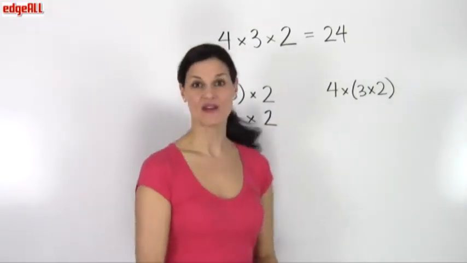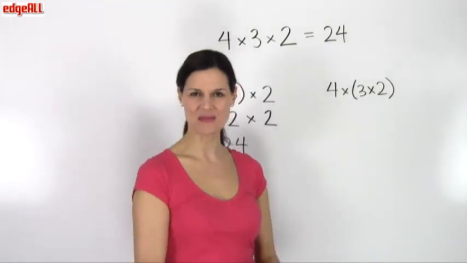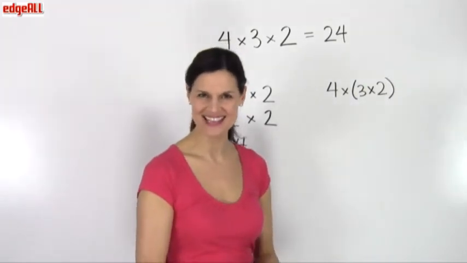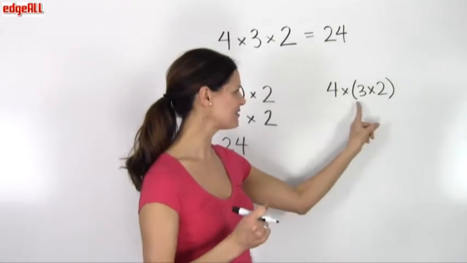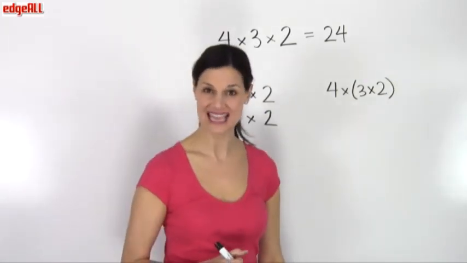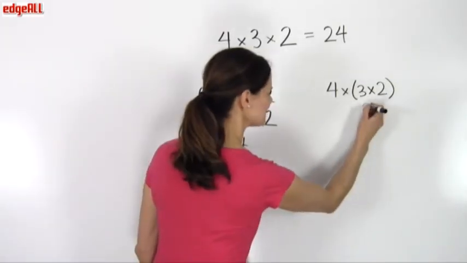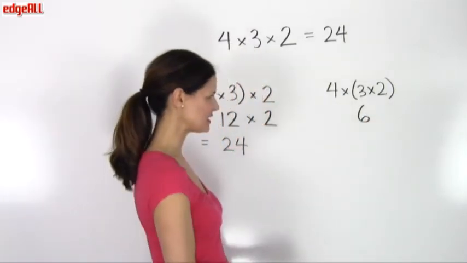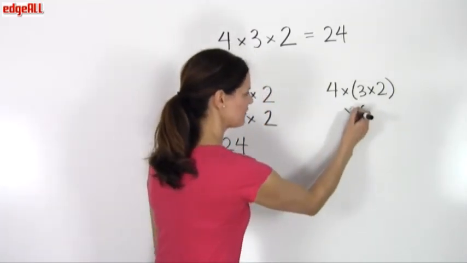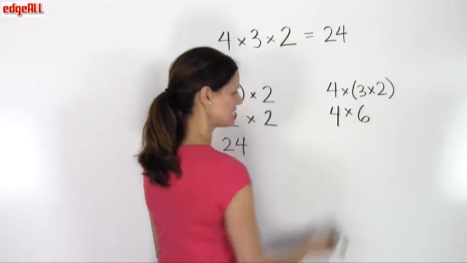Again, I have all my multiplication facts memorized, so I know right away that 3 times 2 equals 6. So I'm going to place this 6 right below the 3 times 2 there, and I don't want to forget I still have my 4 times out in front.